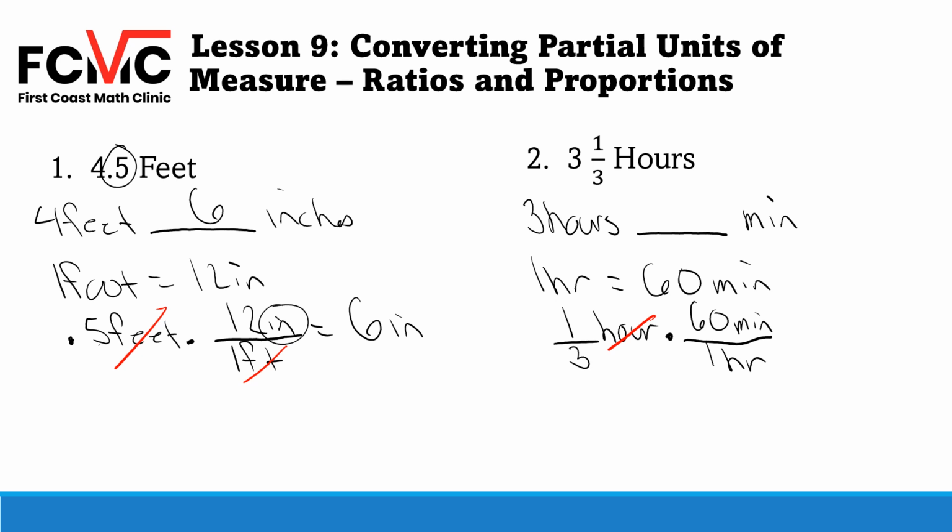All right, so hour and hour cancel out. We multiply straight across. We're going to get 60 minutes over 3. Again, I'm just doing all the steps out so everybody sees what we're doing. 60 minutes divided by 3 gives me 20 minutes. So 3 1/3 hours is 3 hours and 20 minutes.